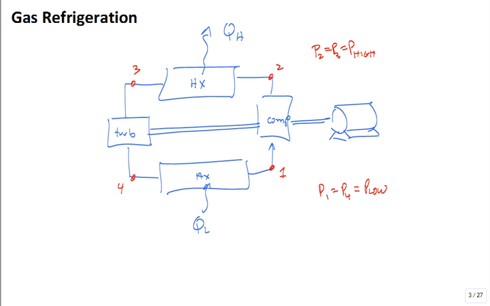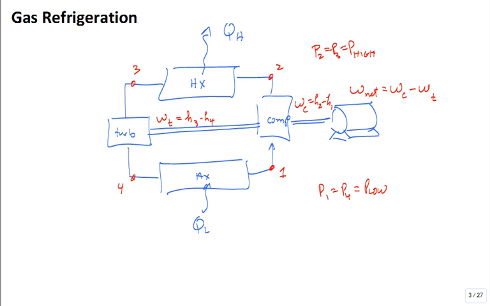And you have some work that's out of the turbine, and you have the work to drive the compressor, and the net work is the compressor minus the turbine. And that's, as you might expect, the difference in enthalpy. It would be H3 minus H4, and this would be H2 minus H1.